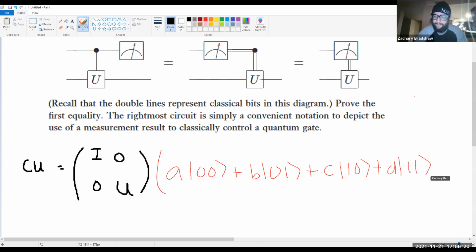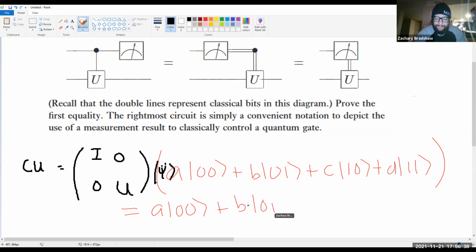And so what happens is this becomes A|00> plus B|01> plus C times |1> times U|0> and U|1>.